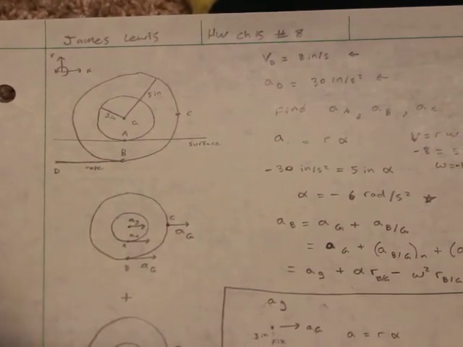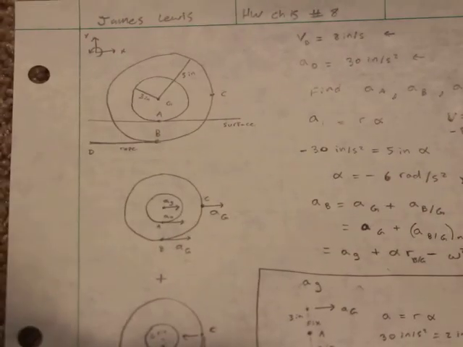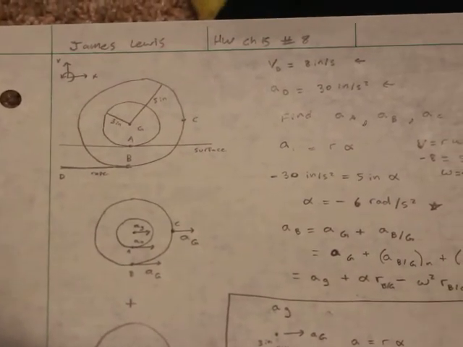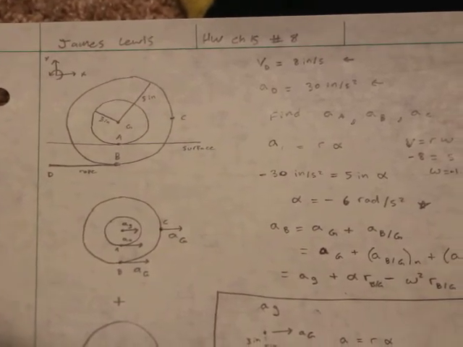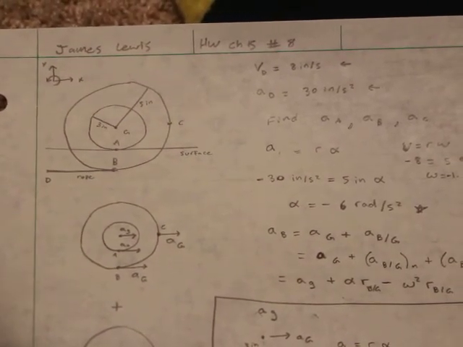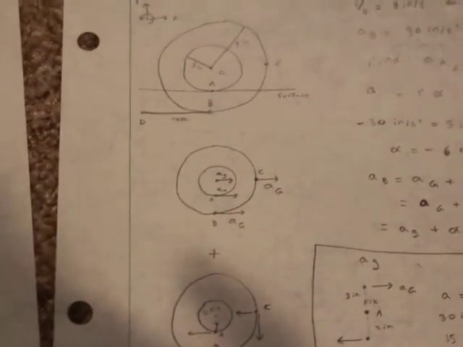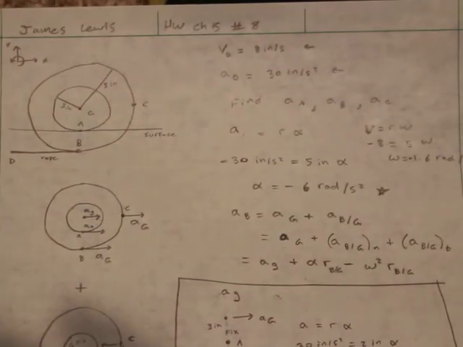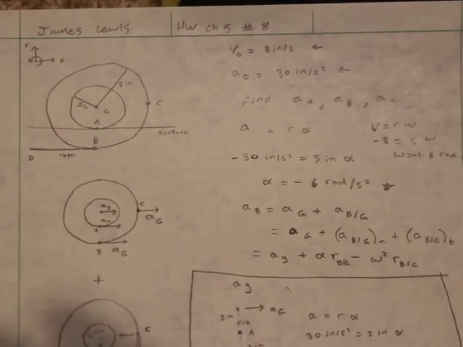And I'm sorry, that's the velocity of D. So we're saying these in regards to the rope D pulling to the left, and then the acceleration of D is also going to the left with 30 inches per second. So we need to find the acceleration of A, acceleration of B, and acceleration of C, tangential.